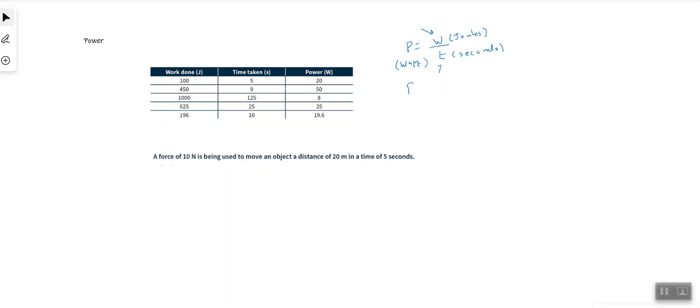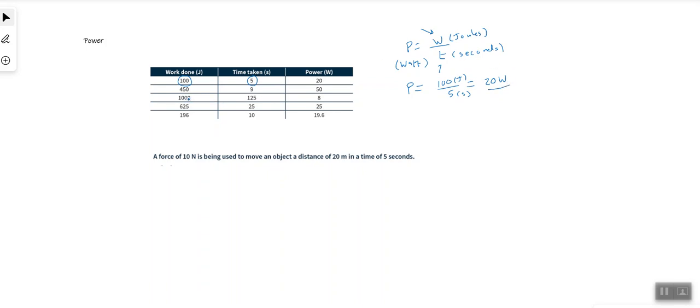Power is equal to the work done, 100 joules, divided by the time taken, 5 seconds, and that's equal to 20 watts. So 100 joules done in 5 seconds is equivalent to 20 watts.